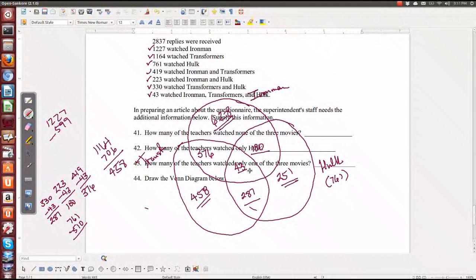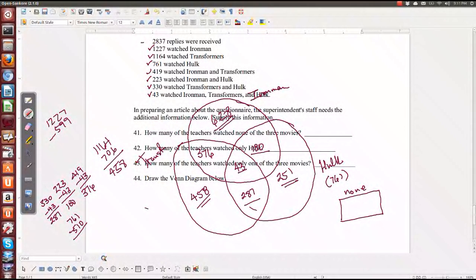And I've got 7 regions here, but remember that when I have 3 Venn diagrams, it's just like having 3 statements in a truth table. I need to have 8 regions, and this region over here represents the people who watch none of the movies.